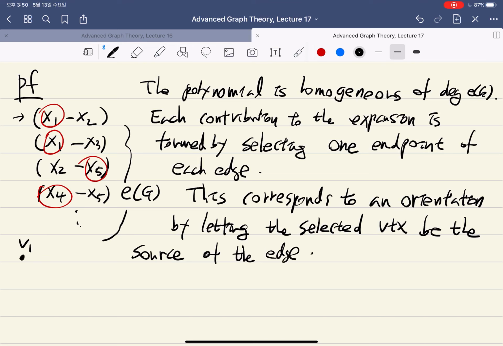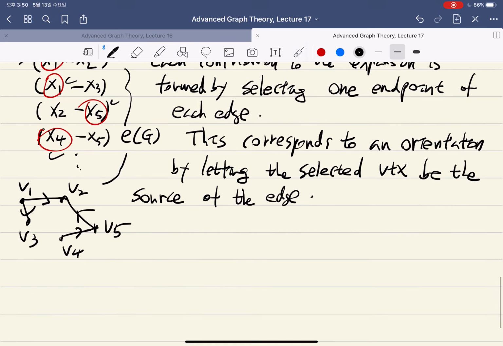So meaning V1, V2, V3, V4, V5. If you choose these terms, that means you will orient from 1 to 2, and 1 to 3, and 5 to 2, and 4 to 5. So this gives you an orientation.